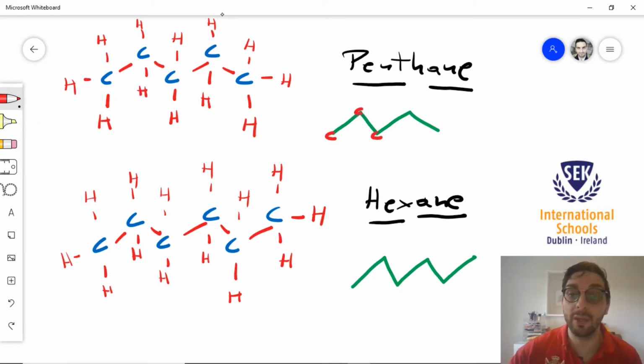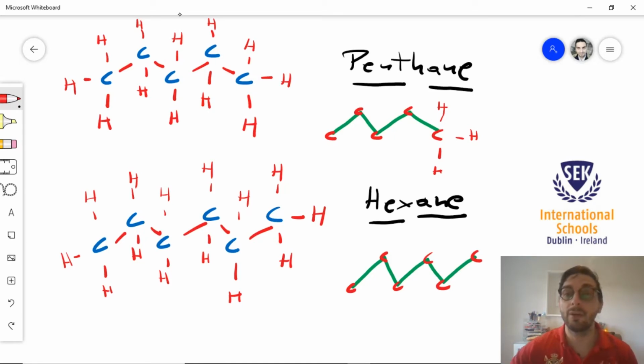If you want, you can still give them the hydrogens, but it will make it messy again. So it's better to just leave it like the simple game of lines, okay?